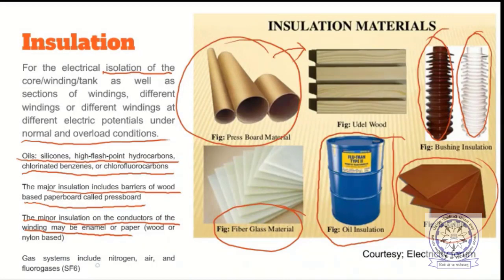And gas insulation systems include nitrogen, air, and fluorogases such as SF6. These insulations are used in the transformer. So it depends on the rating of the transformer which kind of insulation is used.